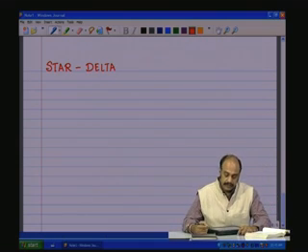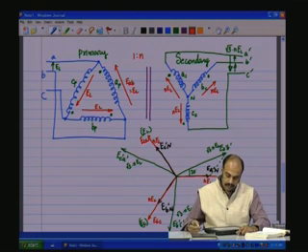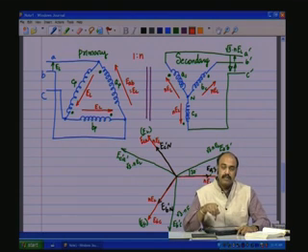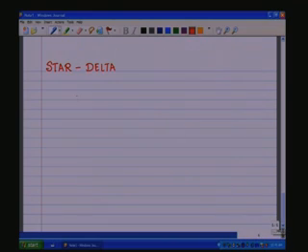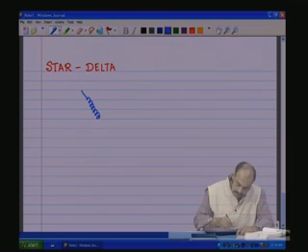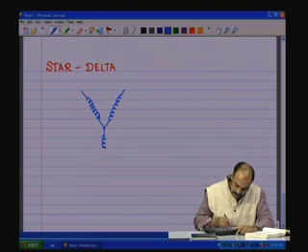The star delta connection is exactly similar to this topology, except that the power, instead of flowing from the delta side to the star side, is flowing from the star side to the delta side, like the primary and the secondary are reversed. So, we have the primary connected as a star, as shown here.